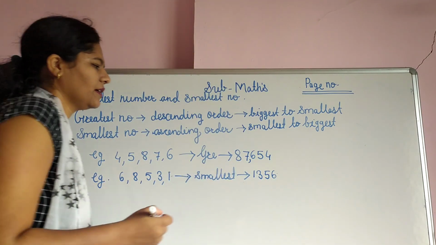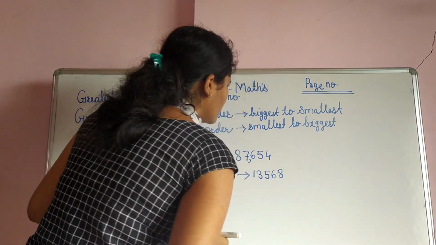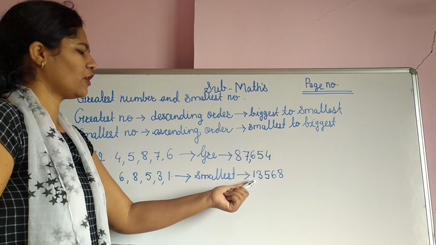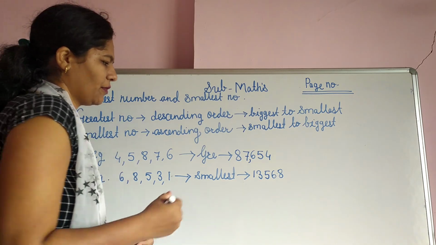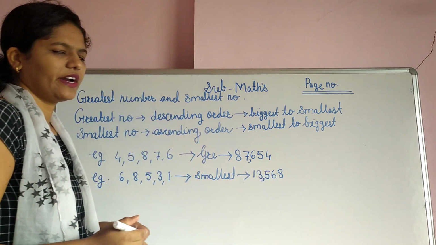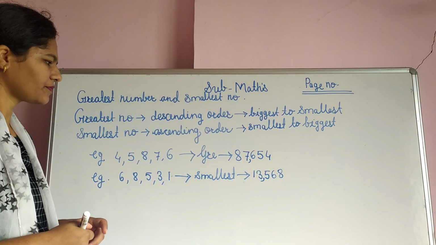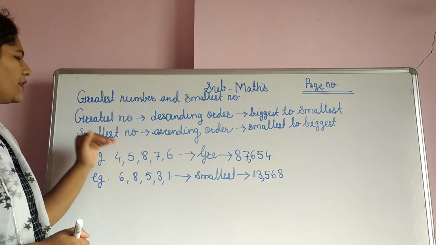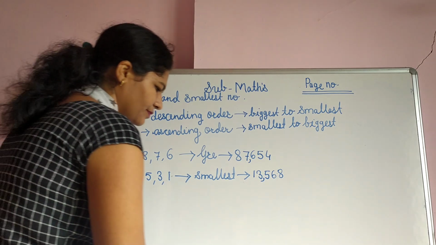So finally we write 8. So student, this is our smallest number, which means you have to arrange digits from small number to big number. So which number do we get? We get 13,568. Okay. Now we see more examples of greatest number and smallest number.